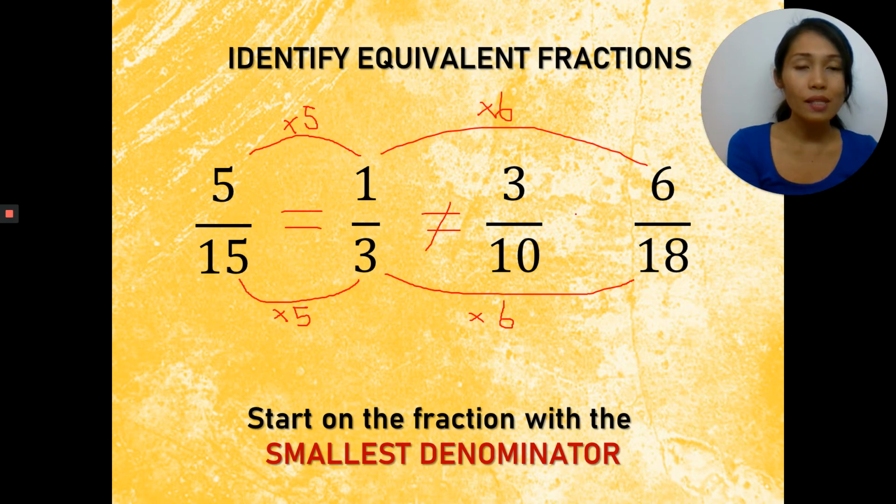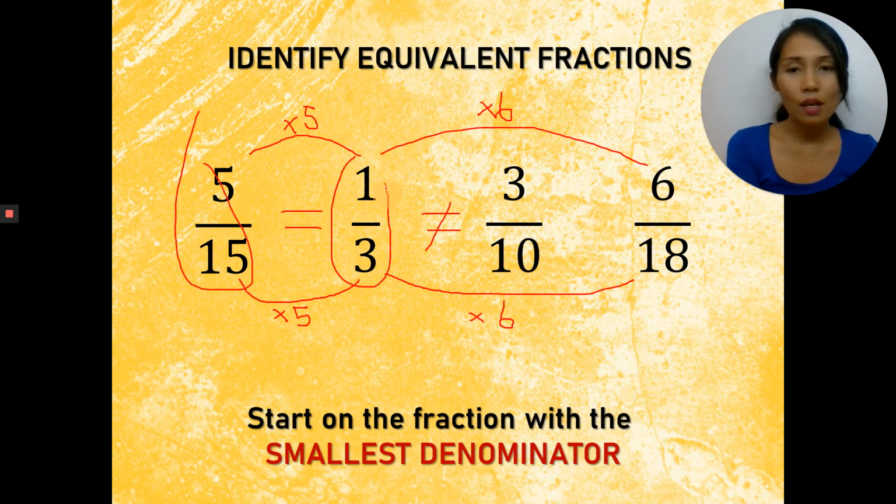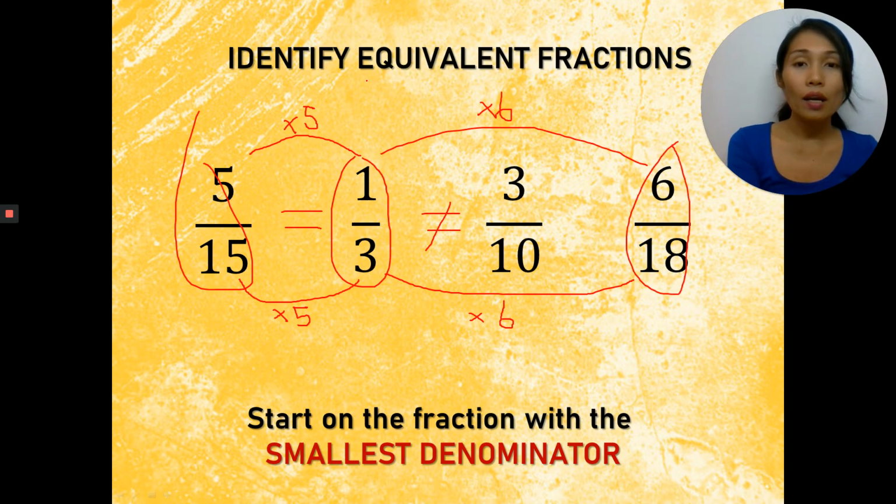So that means they are equal. 1/3 is equal to 6/18. So that means 5/15, 1/3, and 6/18 are equivalent fractions. So which one is the odd one? It's the 3/10. Easy, yeah?